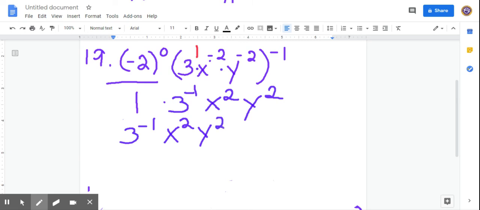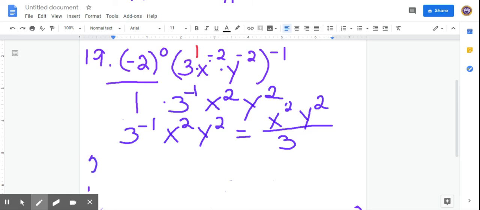And now you have to move the 3 because it has a negative exponent. So that's going to become positive 3 in the denominator. So your answer is x squared, y squared, all over 3. Because remember, the reciprocal of 3 to the negative 1 is 1/3. So 1/3 means 3 is in the denominator.